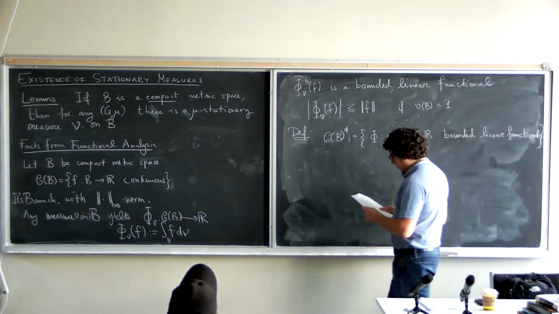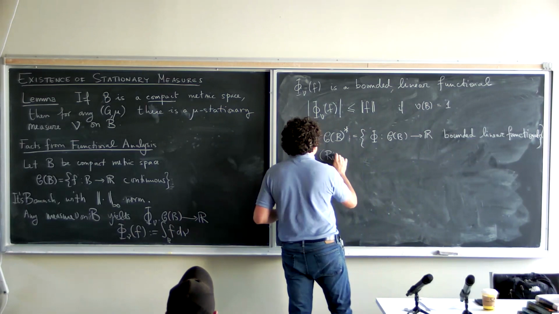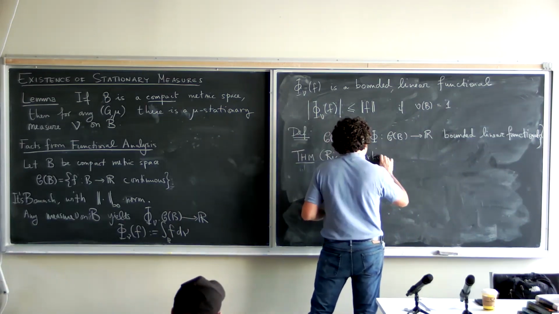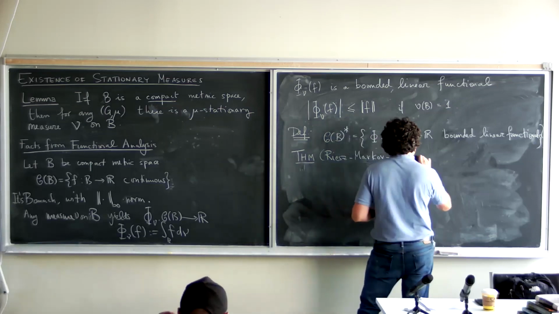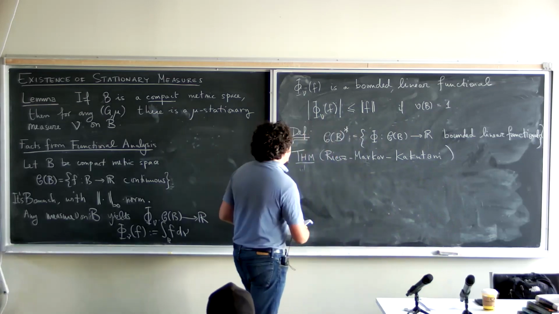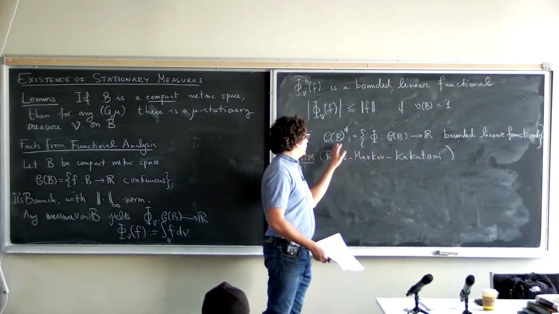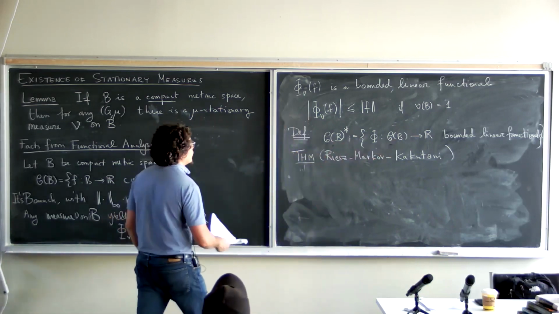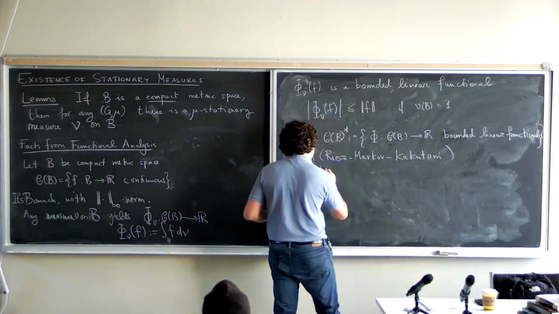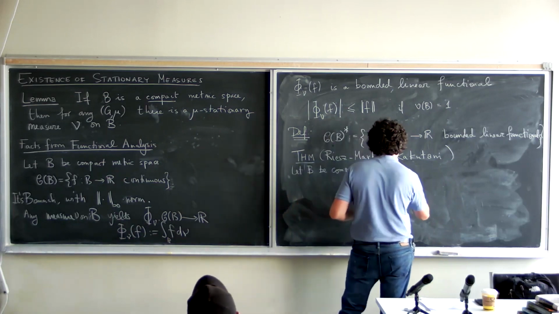Okay, and so the famous theorem here is the theorem of Riesz-Markov-Kakutani, whatever. It says that indeed the space of Borel measures on a compact metric space is dual to the space of continuous functions. So let B be a compact metric space.